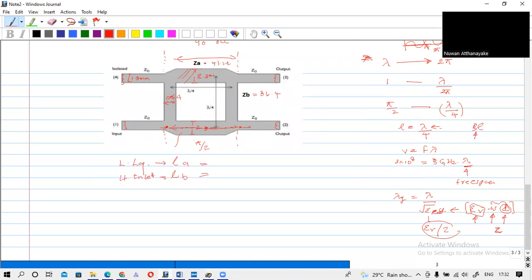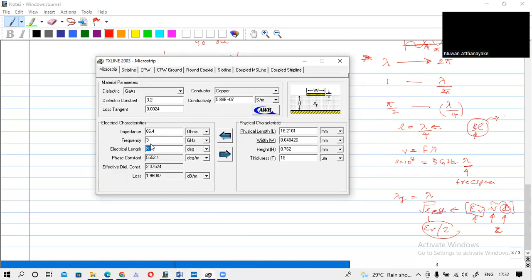So this beta L is the electrical length, and we can also denote it in radians. So this electrical length is the phase shift. We are expecting pi/2, that means 90 degrees phase shift, so here you have to put 90. These parameters are very important when you are finding the length: the dielectric constant, impedance, frequency, and electrical length. Others are not so important.